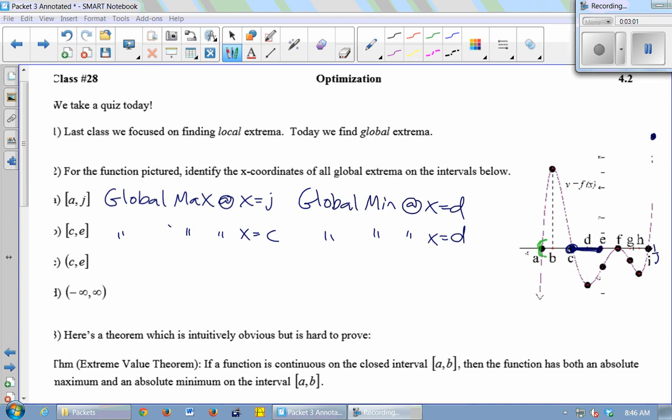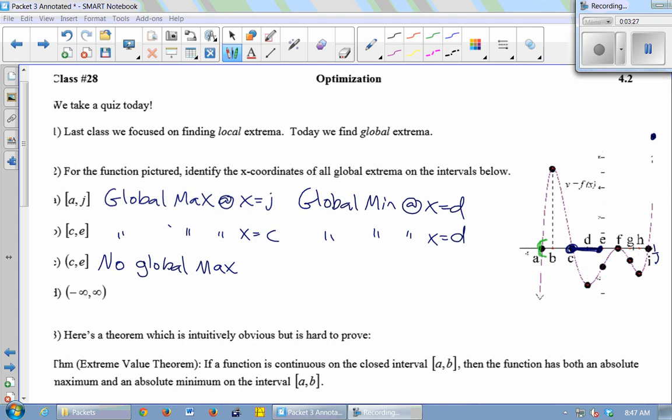You can keep getting smaller and smaller, so I can't pick a specific number that has the highest point, because I can always get closer to C. So in this case, I have to say there's no global maximum. Because if I try to pinpoint where it is, I can't, right?